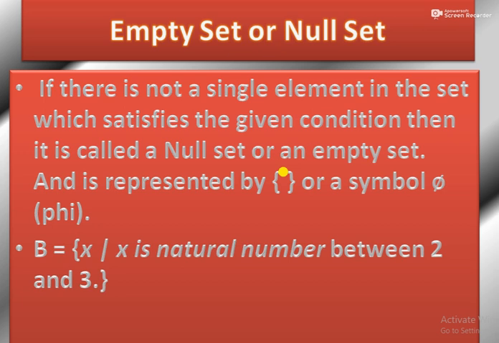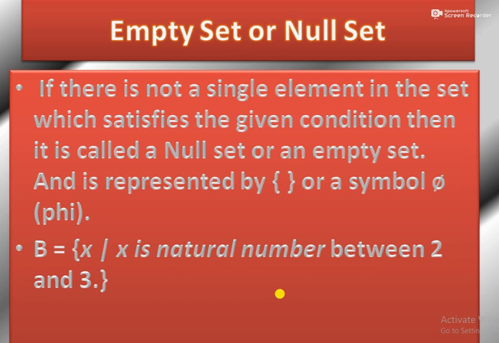Let us see the example. B is a set of all x such that x is a natural number between 2 and 3. Students, think on it: is there any element between 2 and 3? Yes, of course, there are numbers between 2 and 3: 2.1, 2.2, 2.3, 2.5.